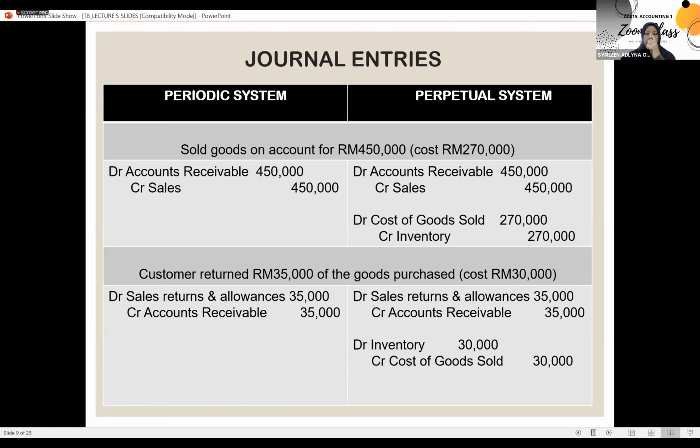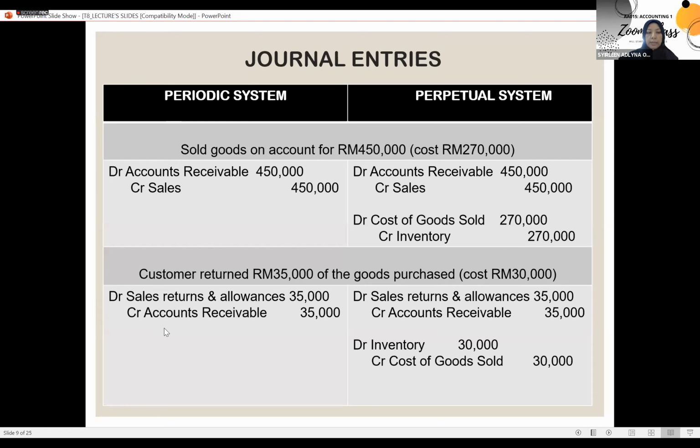Alright. So kalau awak tengok dekat sini, bila customer return goods, this is sales returns. Bila customer tu returns 35,000 of goods purchased, the cost amount is 30,000. So macam biasa, kalau kita guna periodic system, we are going to debit sales return and allowances with the amount of 35,000.